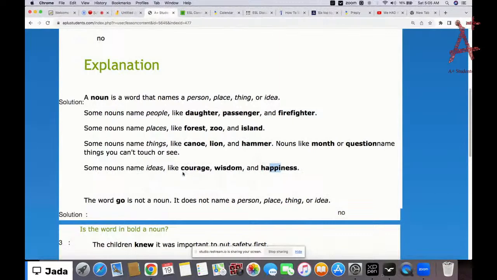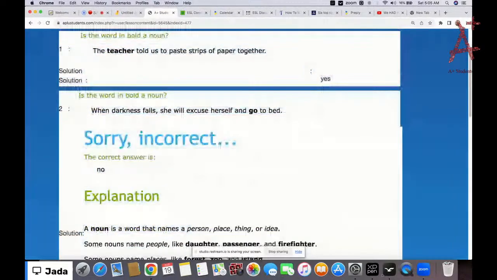We have some examples here before we move on. It says, is the word in bold a noun? Remember that a noun names a person, place, thing, or idea. In bold it says, when darkness falls, she will excuse herself and go to bed.